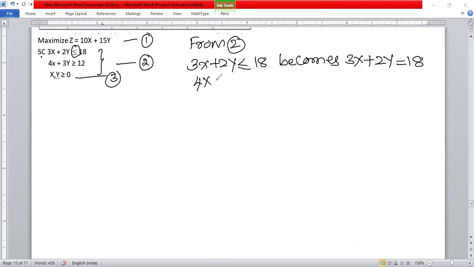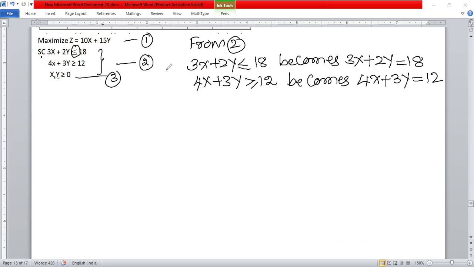Similarly, 4x plus 3y greater than or equal to 12 becomes 4x plus 3y is equal to 12.